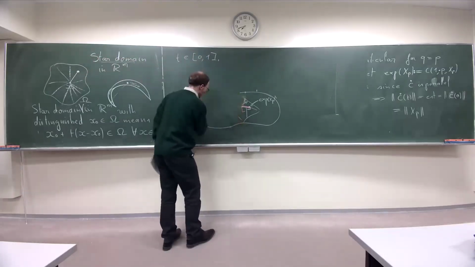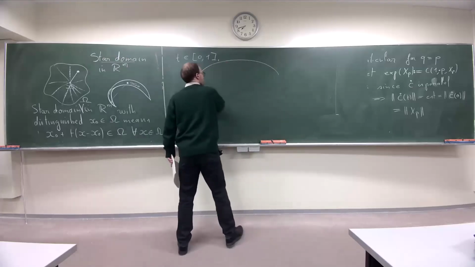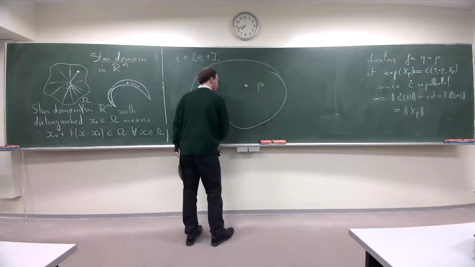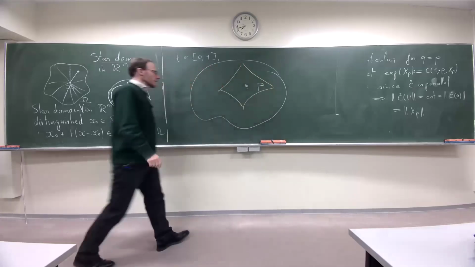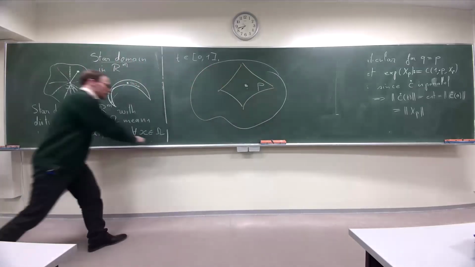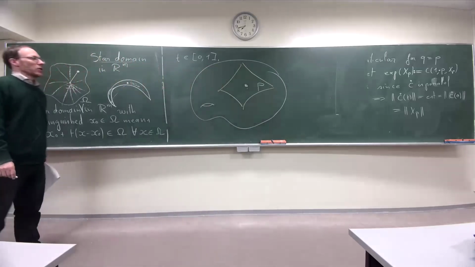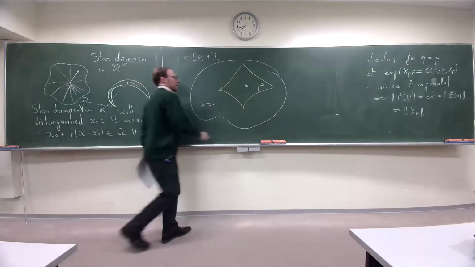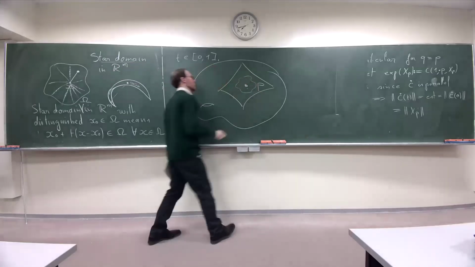So let me now do an even bigger picture. We have our manifold. In white, it is a manifold. In yellow, it is the tangent space at P. And the next statement is that there exists a star domain. I can only speak about a star domain.